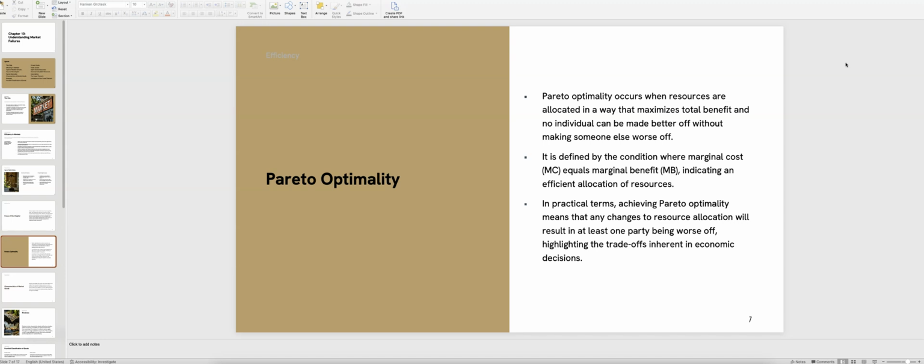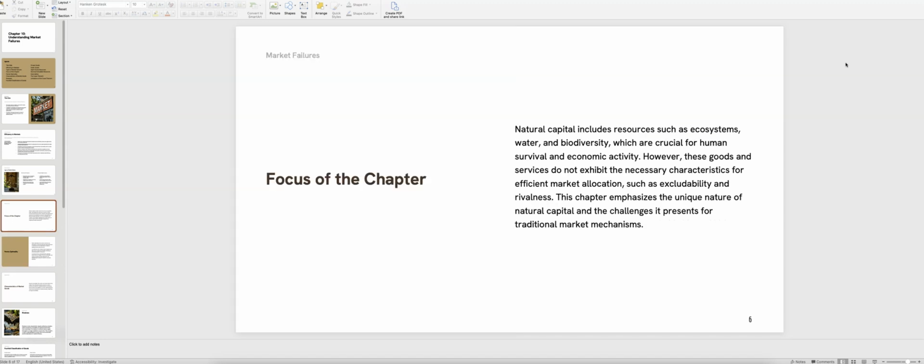Okay, so I'm just going to skip over this. This is just more for your understanding. Well, actually, let's not skip this. So what we want to do here is we want to take our understanding of private goods and just general capital that can exist, and now translate that into what happens when we're looking at natural capital and when we're looking at public goods, or at least an environmental good that's a common resource.